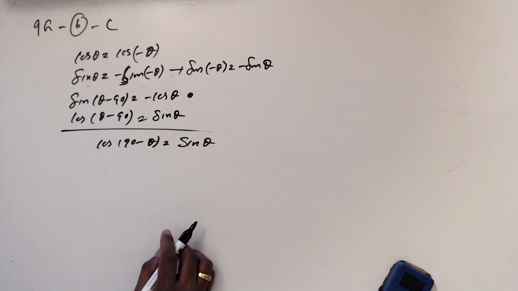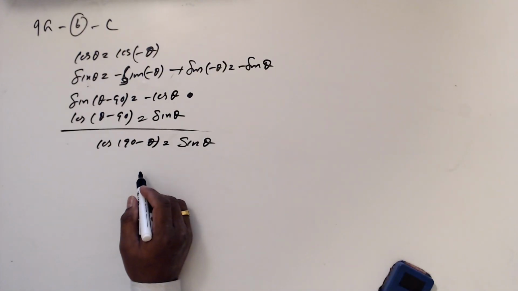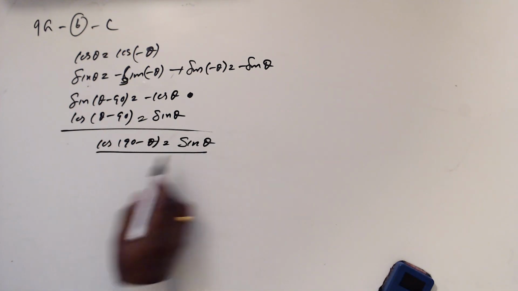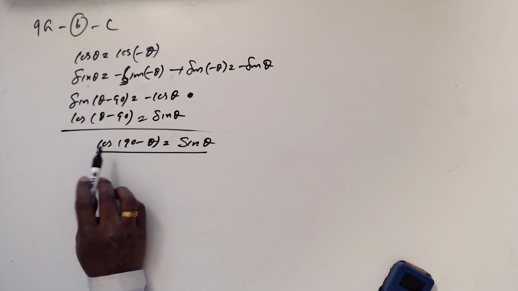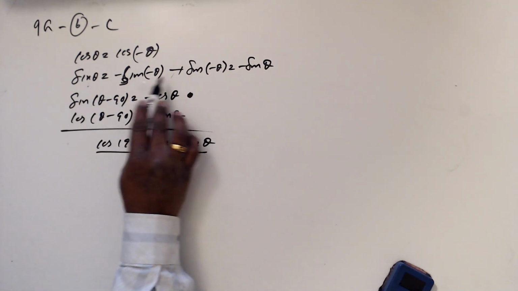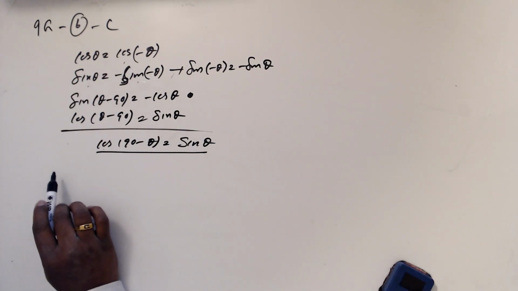This is part C. So I have all the relations, and this is the one we want to prove. This is of two types, not sine sine, no cos. This is cos and sine. So which one is now cos and sine?